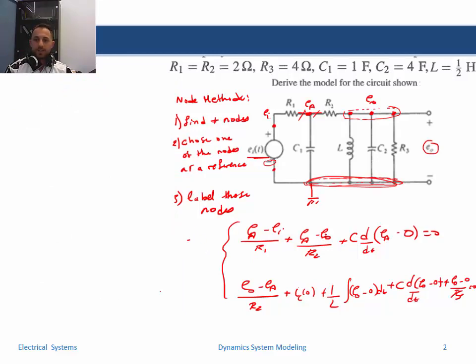Okay, now let's arrange those two equations. We have EA plus C EA dot minus, equal to the input EI over R1.